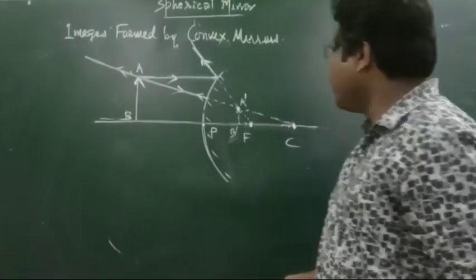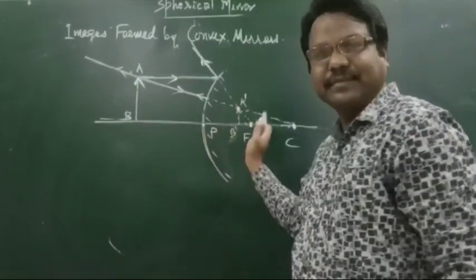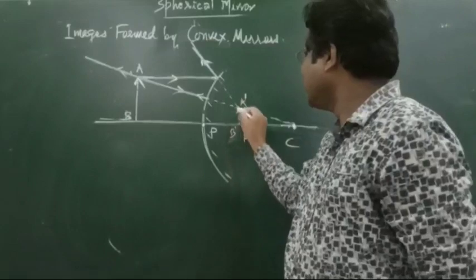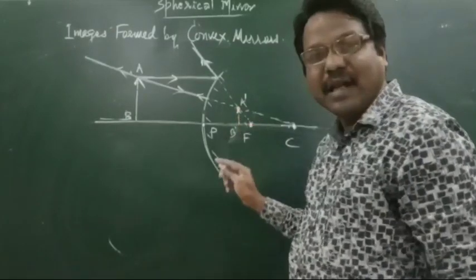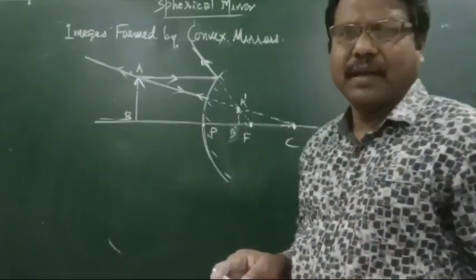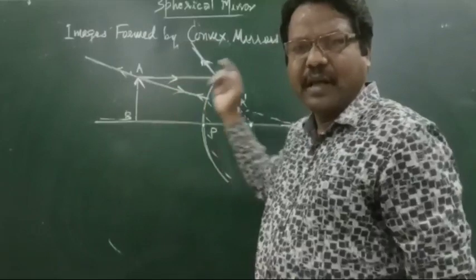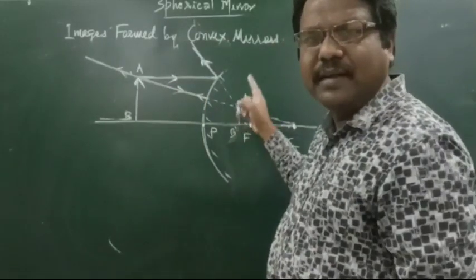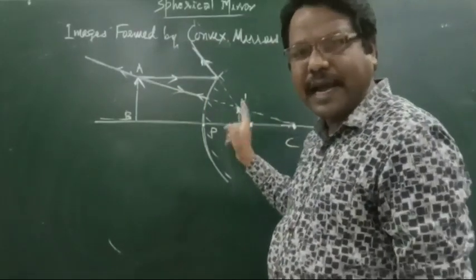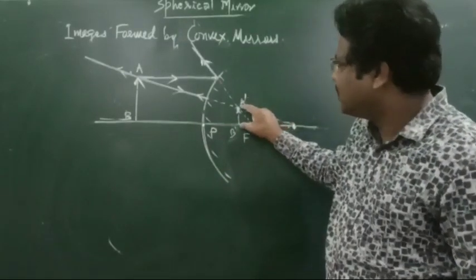What is the speciality of the image? Image is formed behind the mirror. It is erect, see the arrow, and virtual. So a convex mirror always makes a virtual image for any object kept in front. That virtual image formed is smaller than the object.